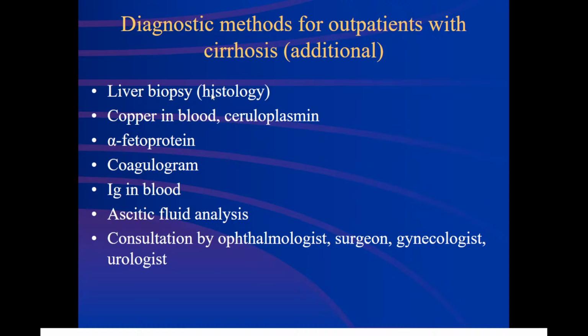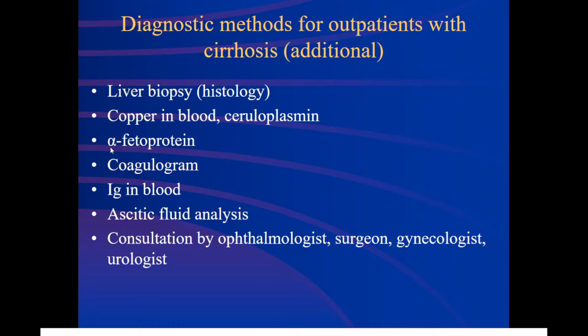Not everywhere has a good histological laboratory, and it is invasive, and many patients don't want to do this method of investigation. Copper in blood and ceruloplasmin are for rare genetic disorders which lead to liver damage.